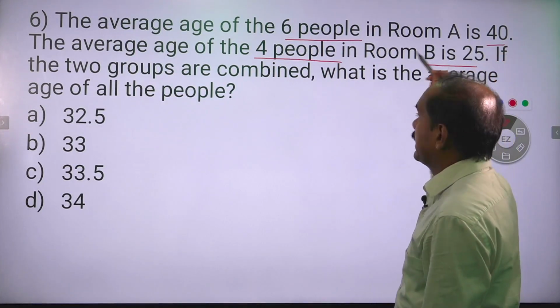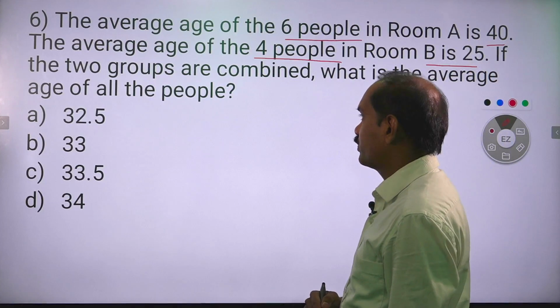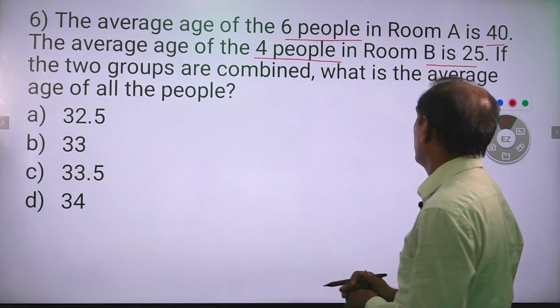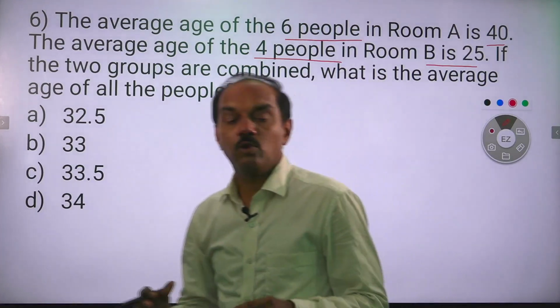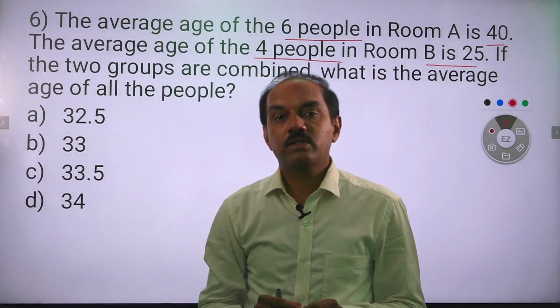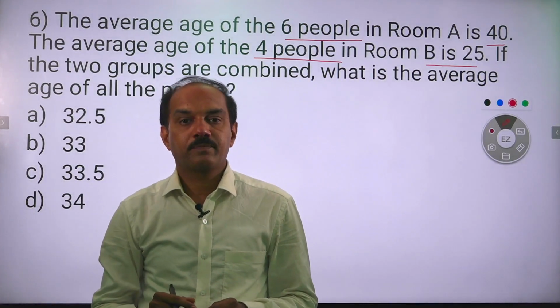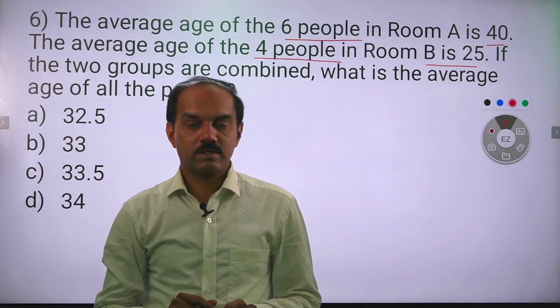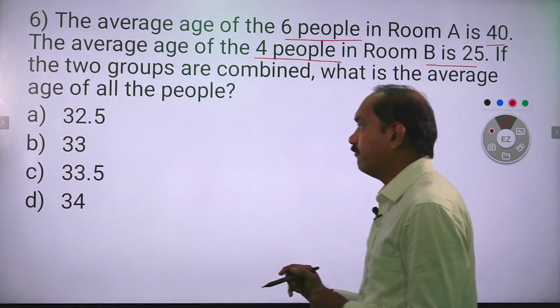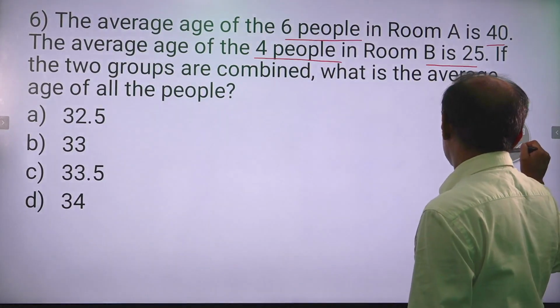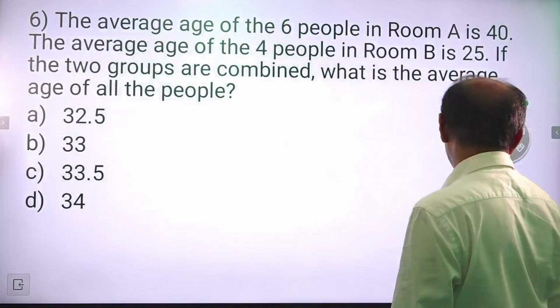The two groups are combined. What is the average age of all the people, both groups together? The technical term for this is weighted average. Now let's see how to solve this problem.